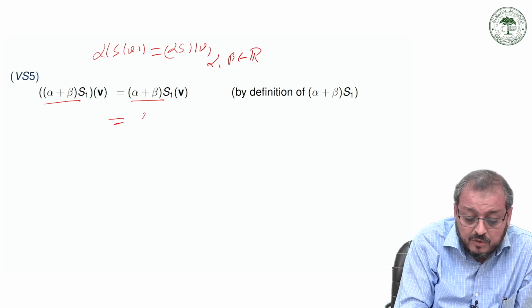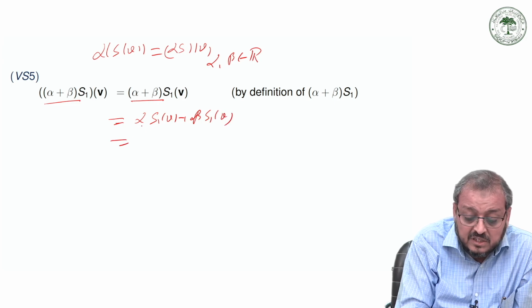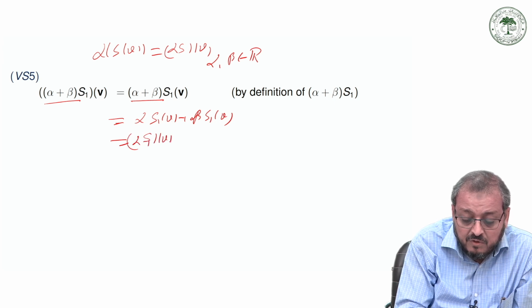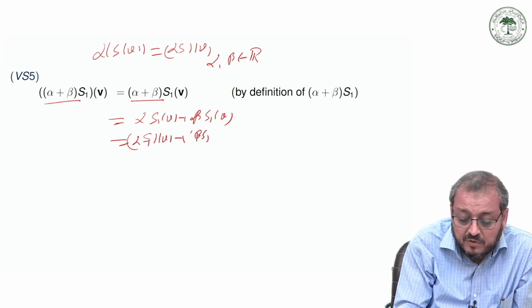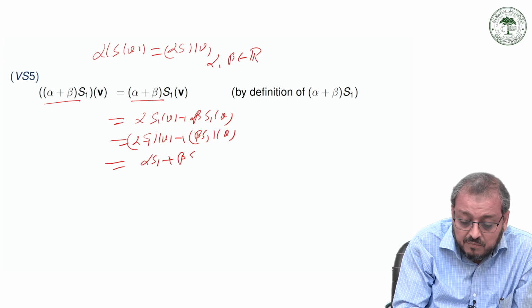So by the distributive property, alpha times S1 of V plus beta times S1 of V, and then by the definition, this can be written as alpha times S1 of V plus beta times S1 of V. This can be written as alpha times S1 plus beta times S1 over V.